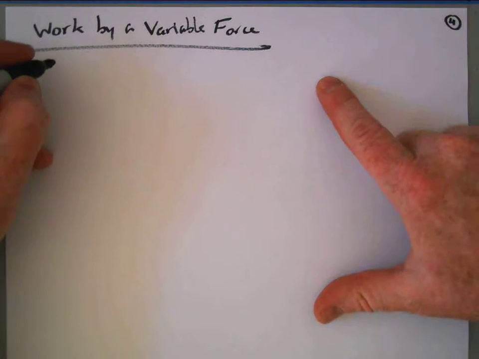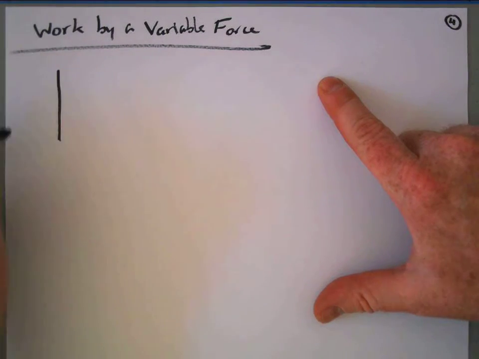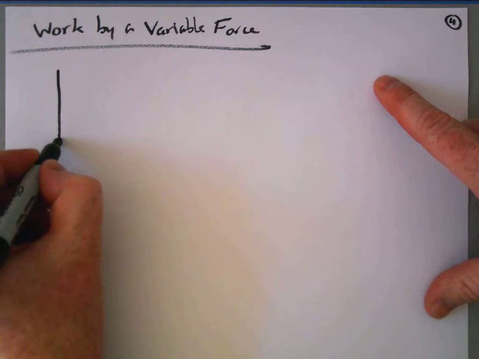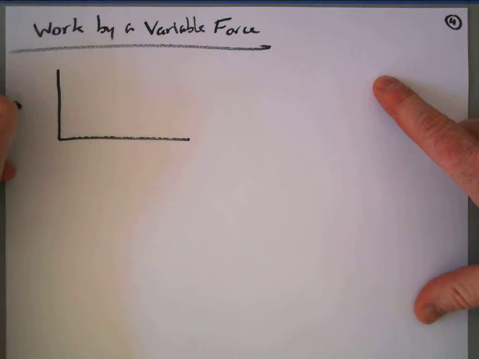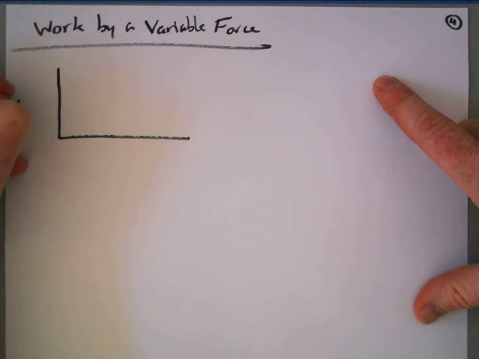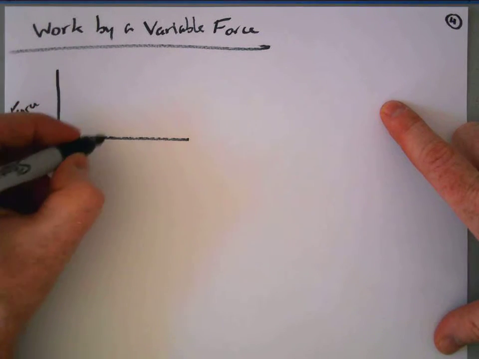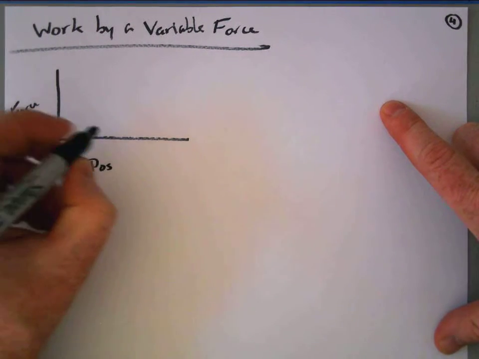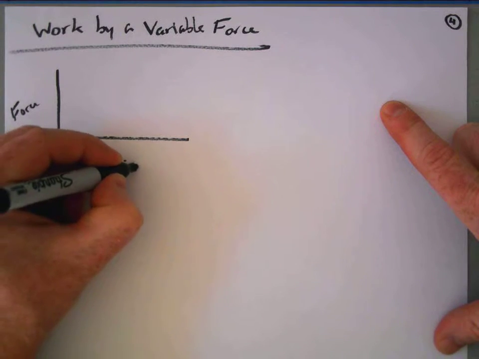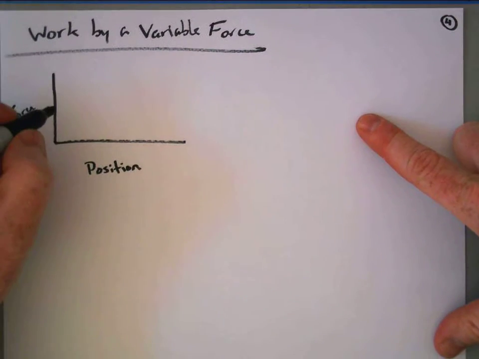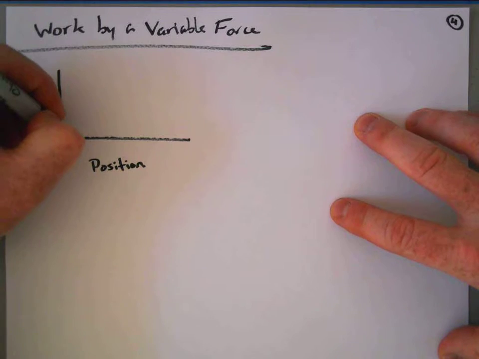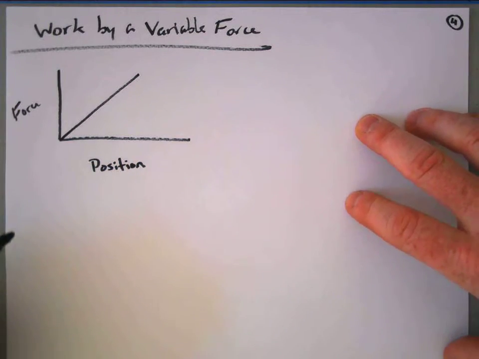If we're going to look at the force we must apply to a spring in order to stretch it a certain distance, and that by stretching it or compressing it, we change the position of that moving end. And typically we'll see this linear relationship.